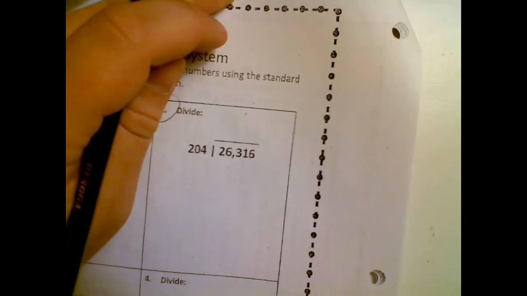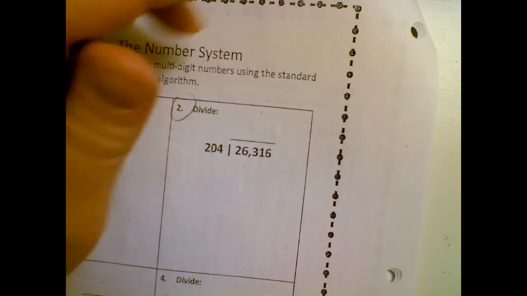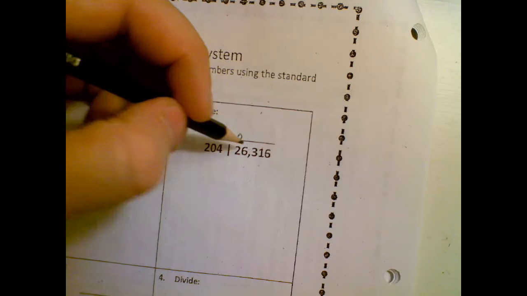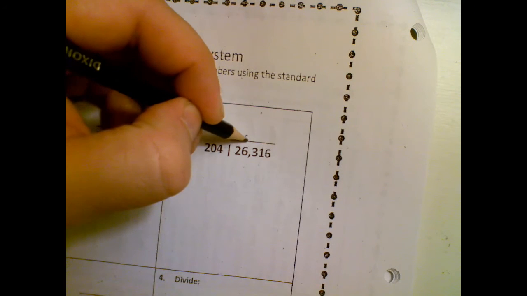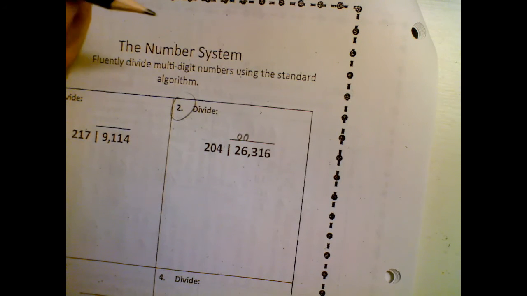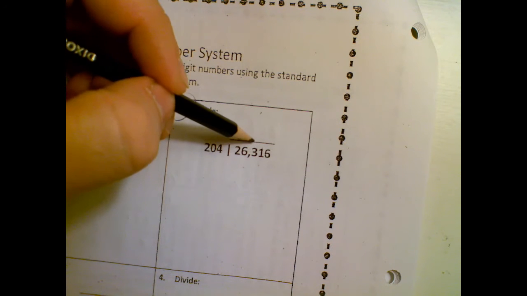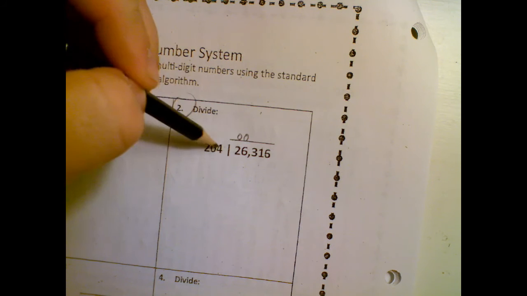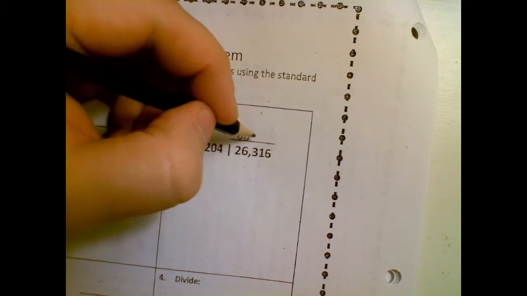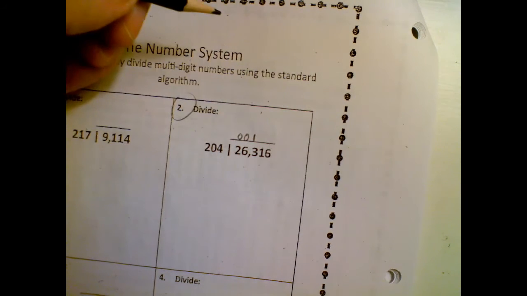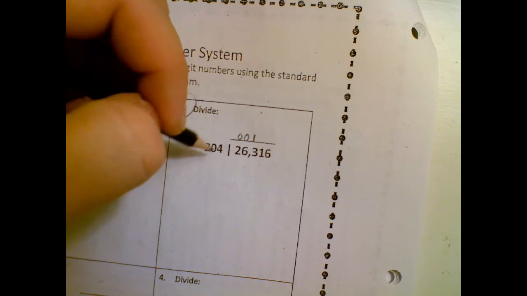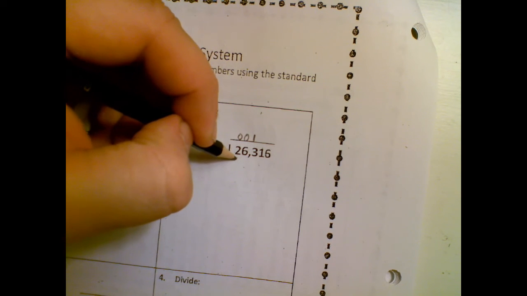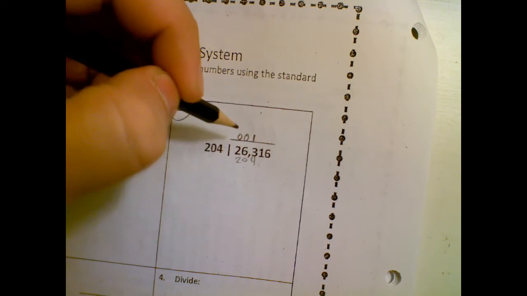Now, of course, 204 is not going to go into 2, so we put a 0 there. Okay, it's not going to go into 26 either, so we'll put a 0 there. Okay, but it might go into 263. Okay, so how many times do we think that will go in? I'm going to say it's going to go in one whole time. Okay, so 1 times 204 is going to be 204.